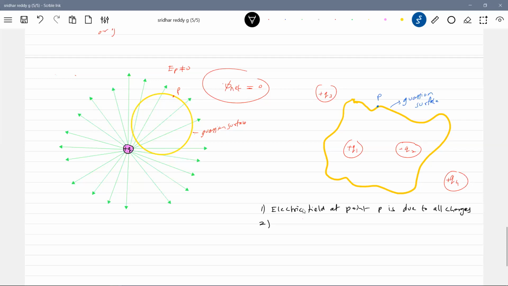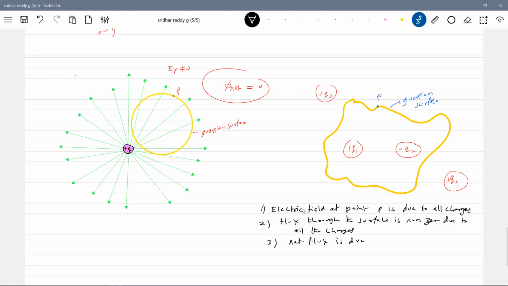Next again, flux through the surface is non-zero due to all charges.